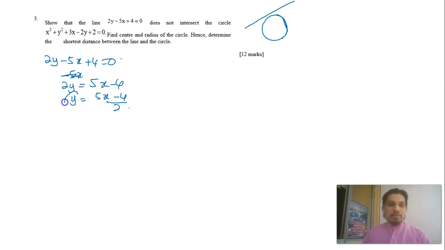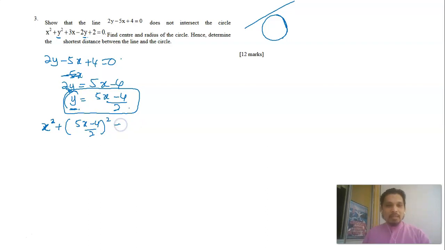We will substitute this value of y into the y of this circle. So then x squared plus y squared, y squared is ((5x minus 4) divided by 2) squared, plus 3x minus 2 times (5x minus 4) divided by 2, plus 2 equal to 0.